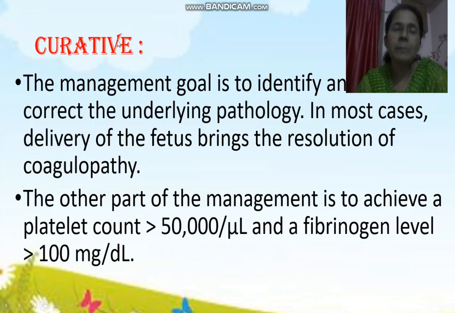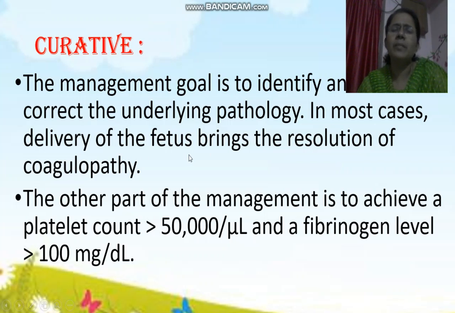Next is curative management. The management goal is to identify and correct the underlying pathology. So the main goal of the management is to first identify what is the cause, and next to correct the cause. In most conditions, delivery of the fetus brings resolution of the coagulopathy.